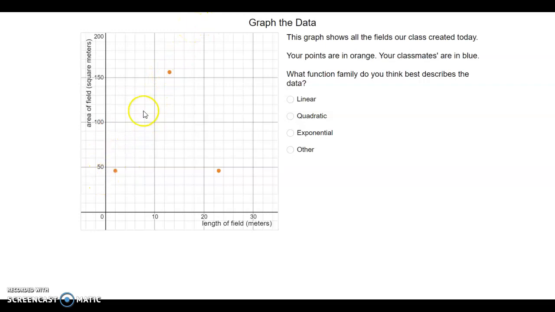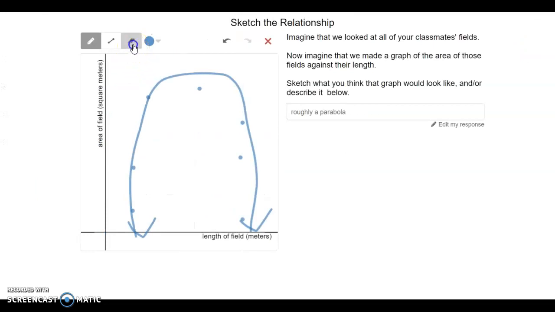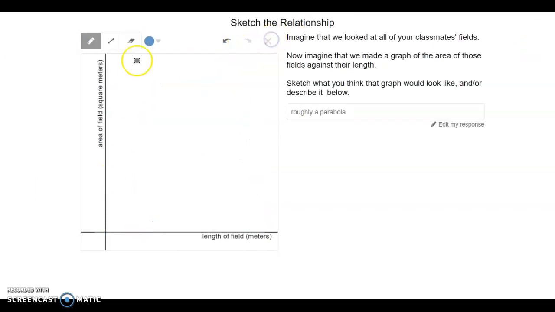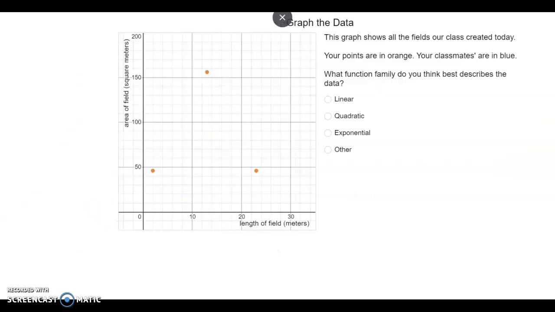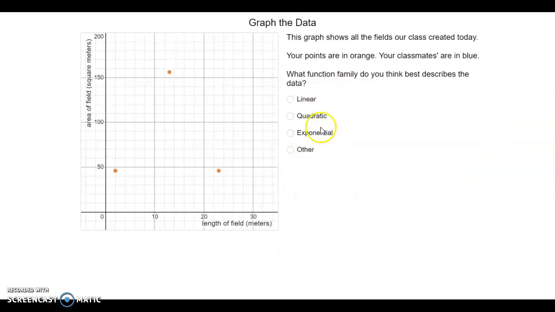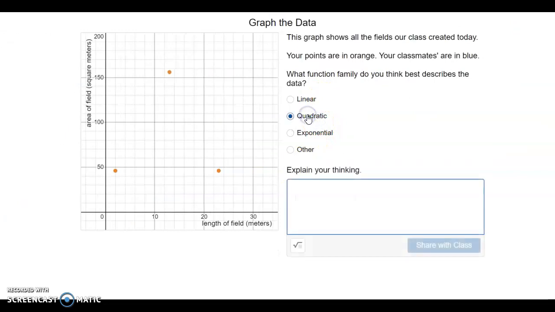See, if I had a quadratic, and let me go back to the last slide and draw a quadratic to remind you. A quadratic formula looks something like this, in a sense. It's going to increase super steeply and be constantly increasing. So in this case, it can't be an exponential, so it's going to be a quadratic.